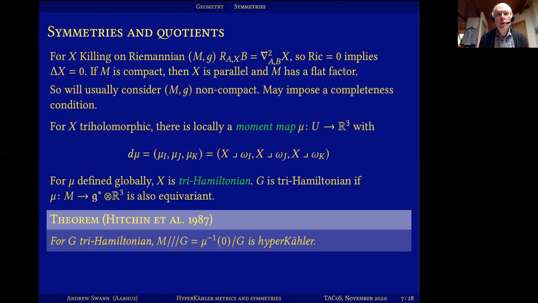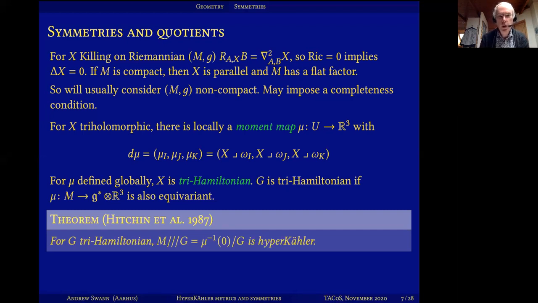So the notion of symplectic quotient generalizes also to the hyperkähler case. This was proved by Hitchin and others in the 80s. When you have G acting in a tri-Hamiltonian way, you can form a hyperkähler quotient. What you do is take a level set, for simplicity the 0 level set of this moment map, and divide out by the action of G. Of course, you need some assumptions for the quotient to be a smooth manifold.